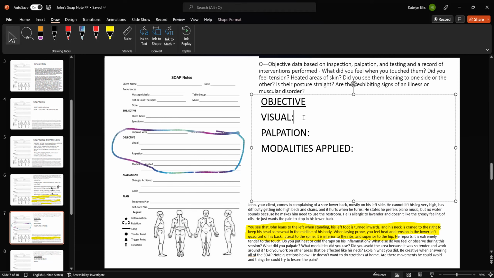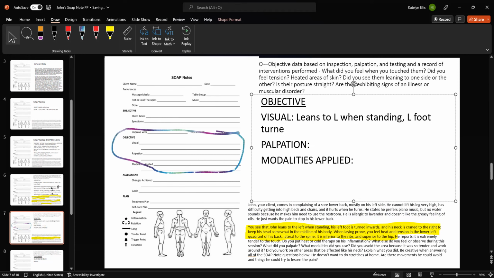All right. Visual. What does it see in the assignment? Leans to left when standing. Left foot turned inwards. Is it having an issue of inversion?